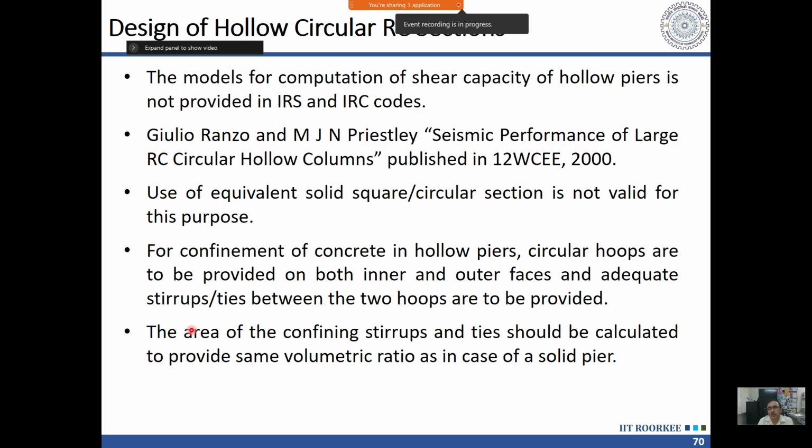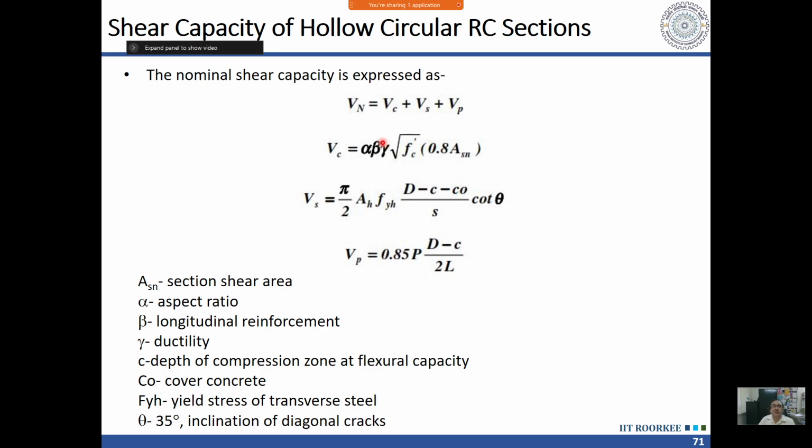So the one paper I could find published by Priestley, we all know Priestley, so it is from Priestley, so we can be confident about its authenticity. It was published in 12th World Conference. After that, in journal also I could not find any other paper, and there they have explained how the hollow circular RCC section should be designed.